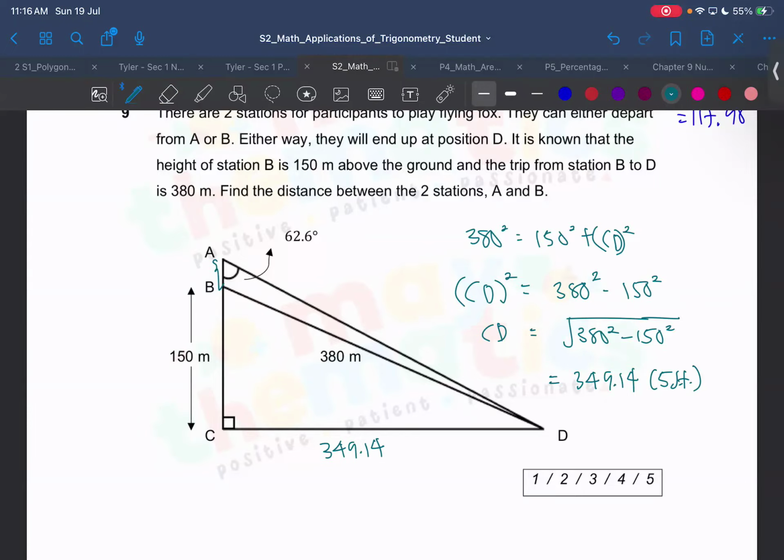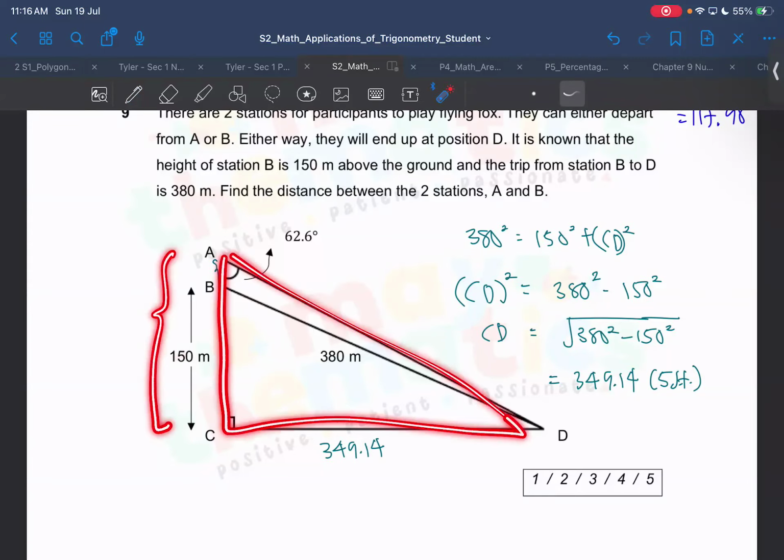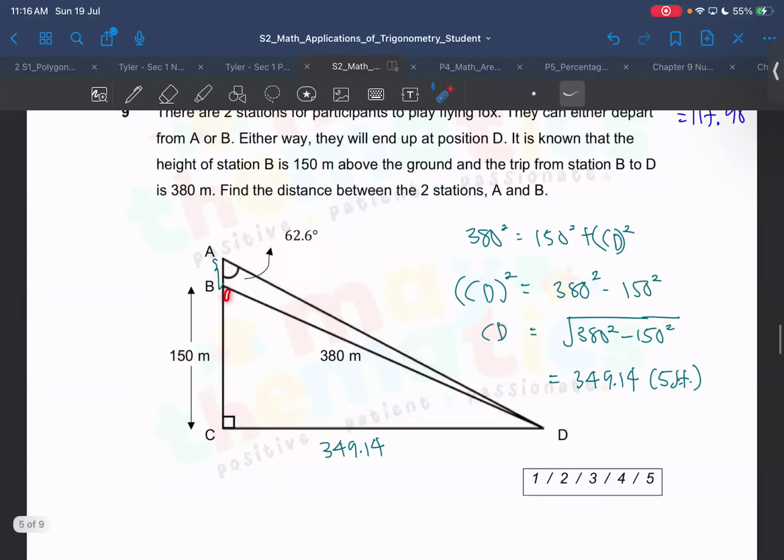Now that we know CD, we are able to find the length of AC. We can now use the big triangle already. Just now we only had enough information to use the smaller triangle. So I have this. What else do I have? I can also find my angle ADC, you see this part? Because angles in a triangle add up to 180. This is 90, this is 62.6.